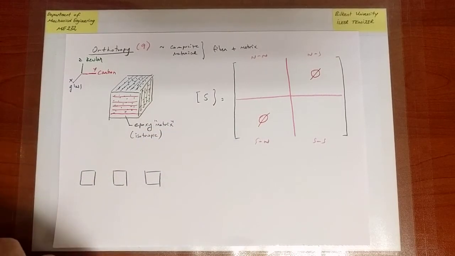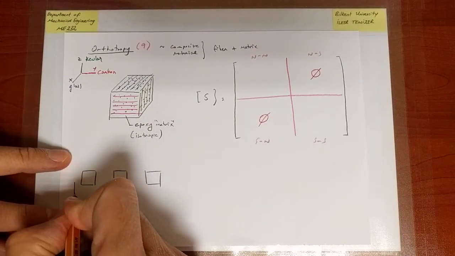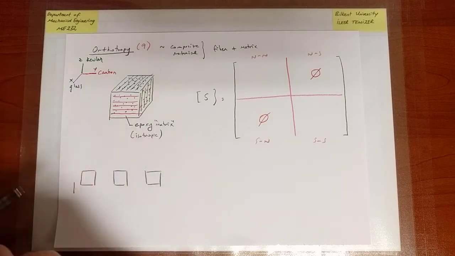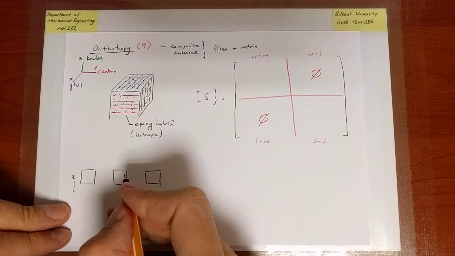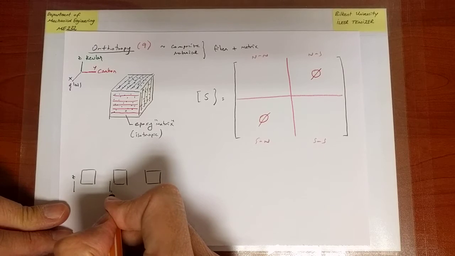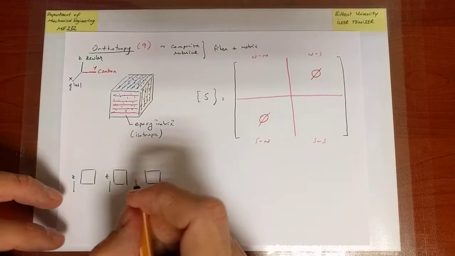And what I'm going to look at is, for instance, the z, y plane. And then I will have a look at the zx plane. And then I will have a look at the xy plane.